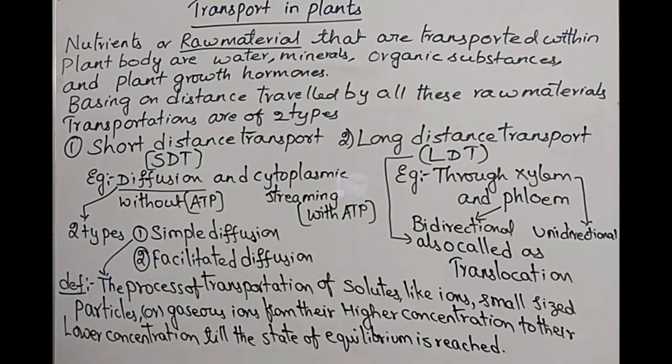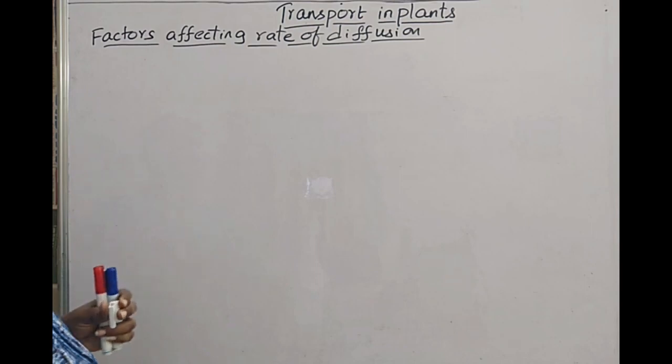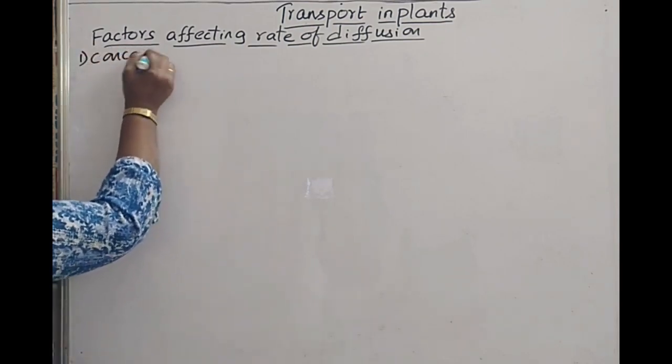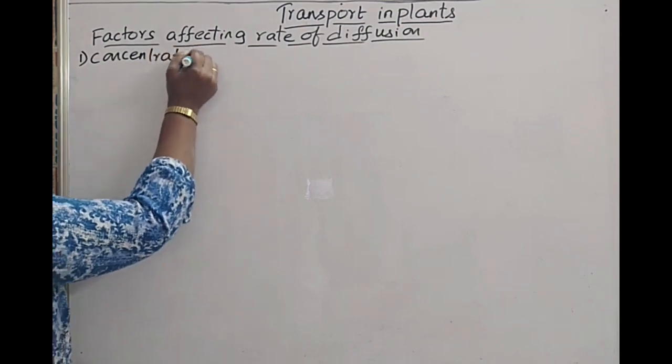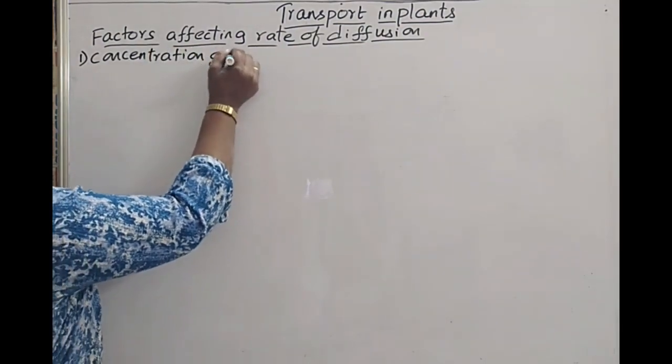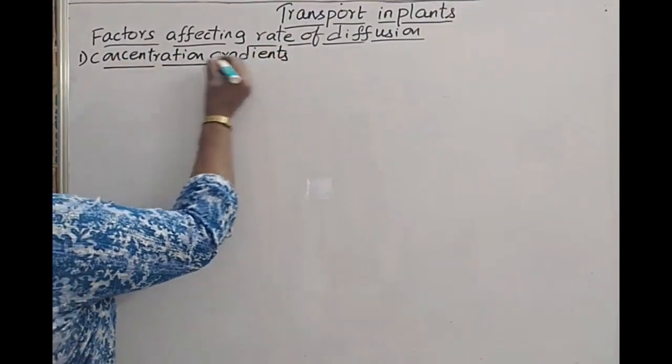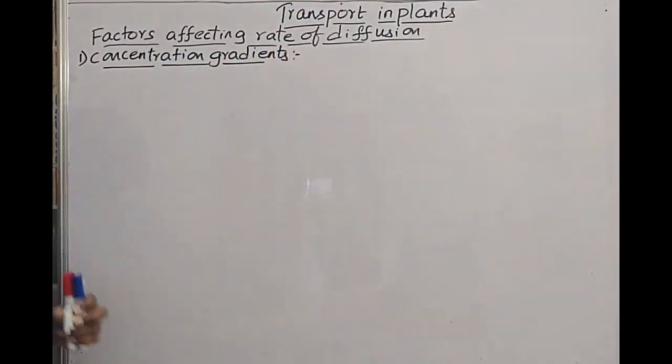Now we will see what are the factors that are affecting the rate of diffusion. First one, concentration gradient. It means the number of solutes existing is more in number.